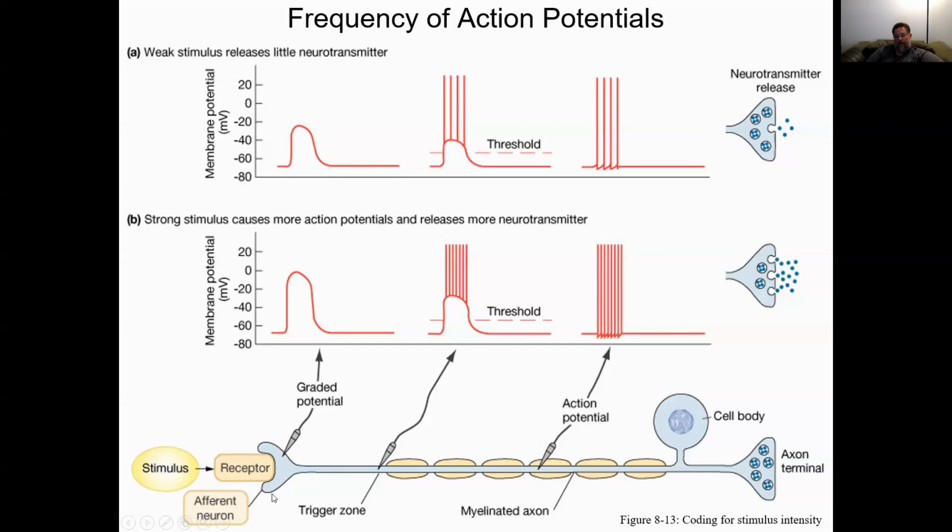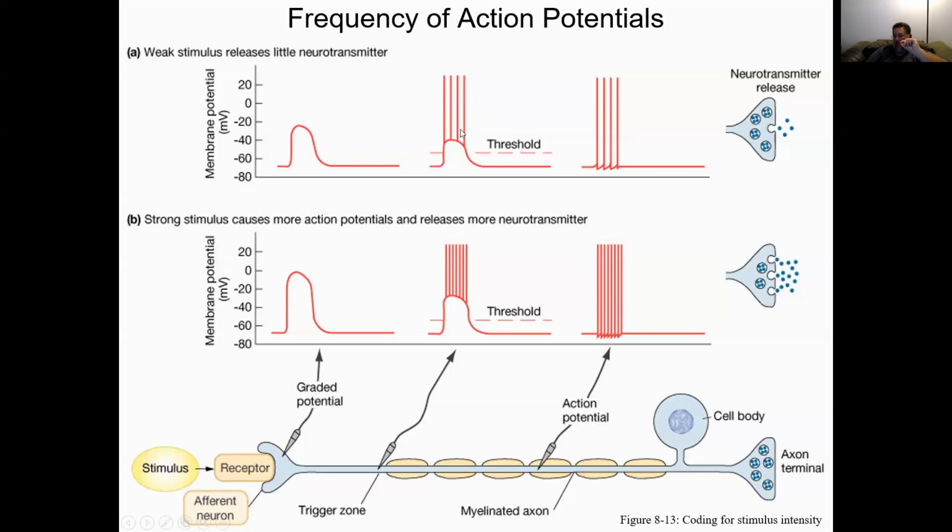Because the stimulus caused some sodium to come in, we have a depolarization where the graded potential reaches negative 20 millivolts from the resting membrane of around negative 75. When it reaches the trigger zone, which would be where the axon hillock is in this particular example, we have a handful of action potentials.